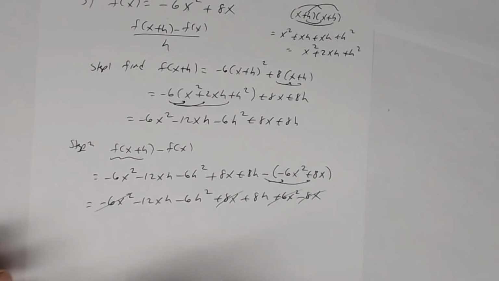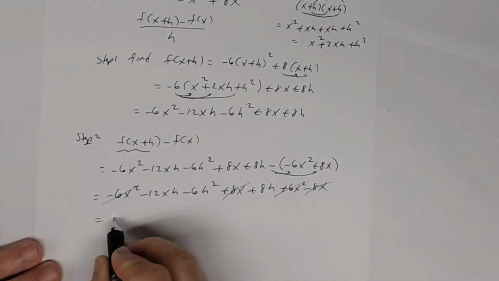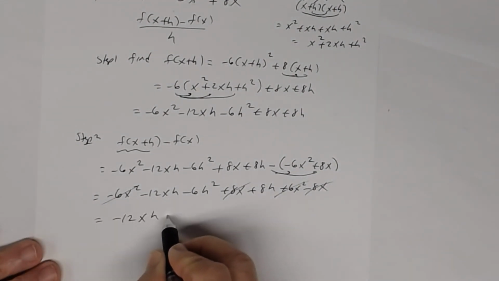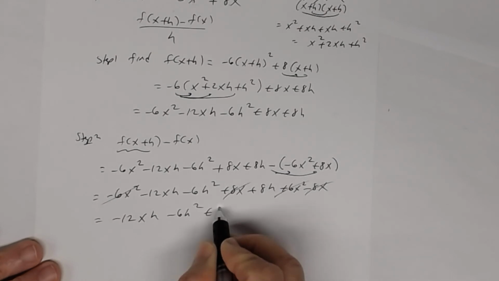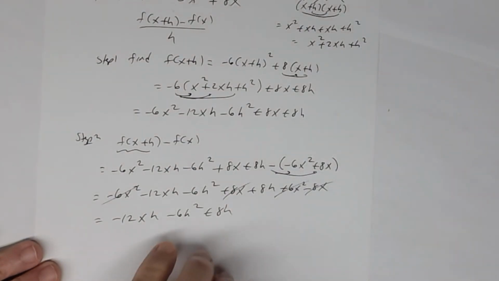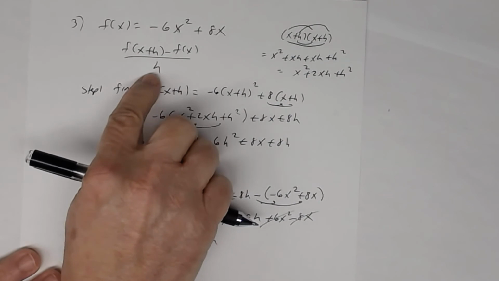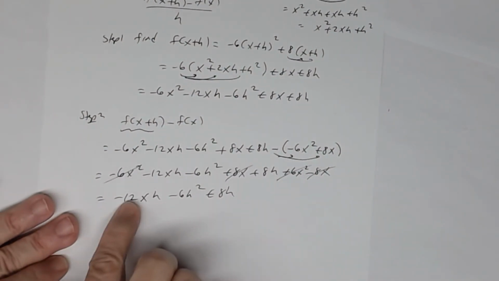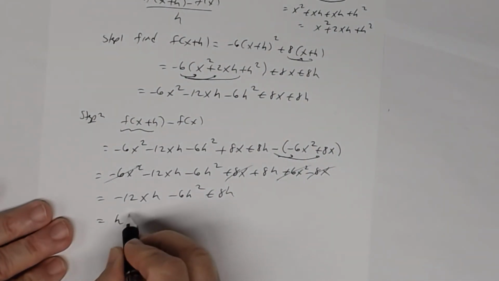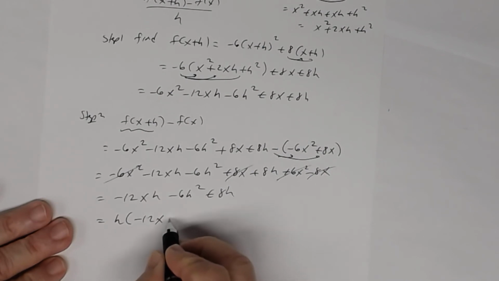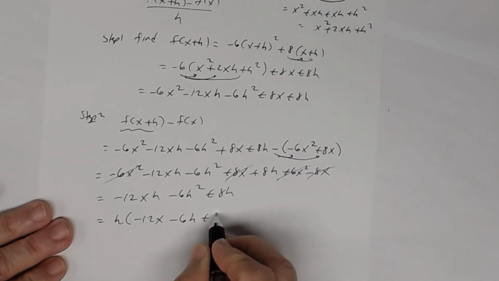What you're left with is negative 12xh minus 6h squared plus 8h. Since I'm dividing by h next, I would factor out an h. So I get h times negative 12x minus 6h plus 8.